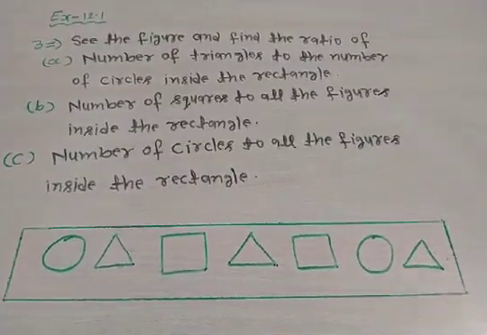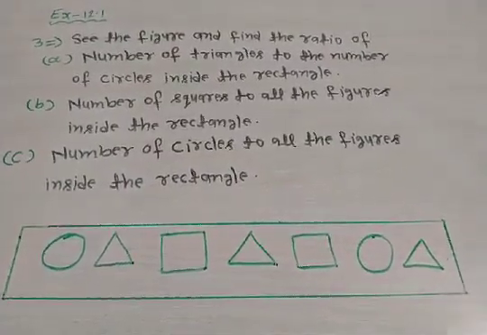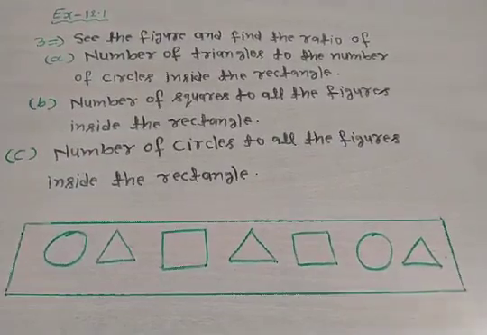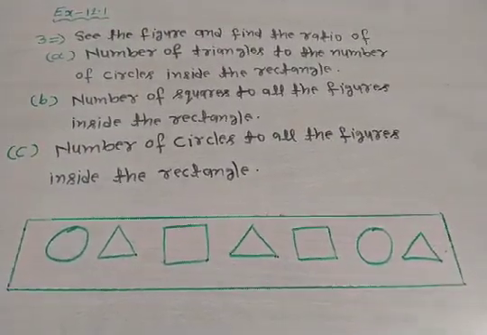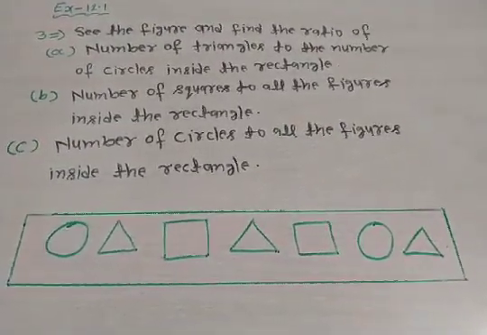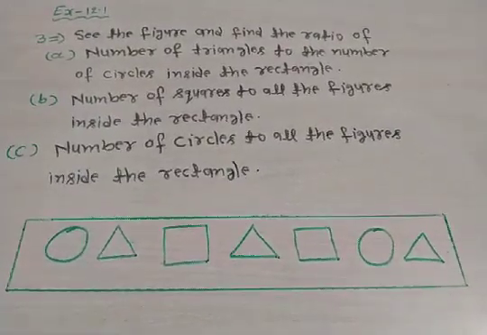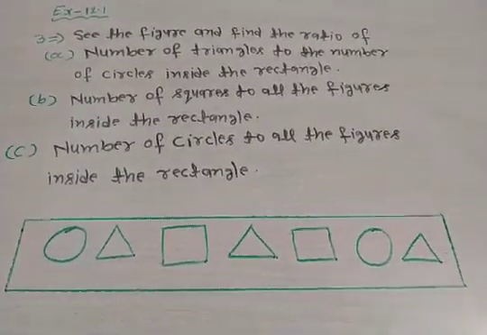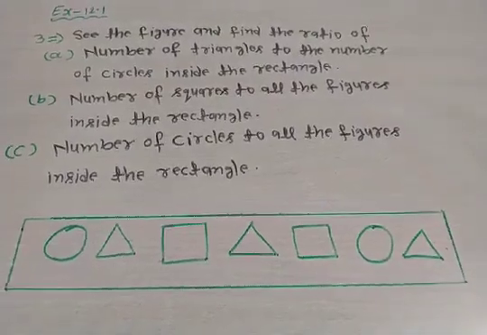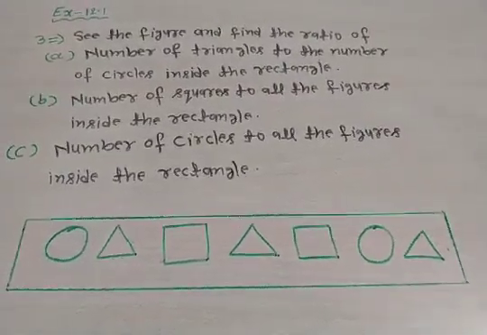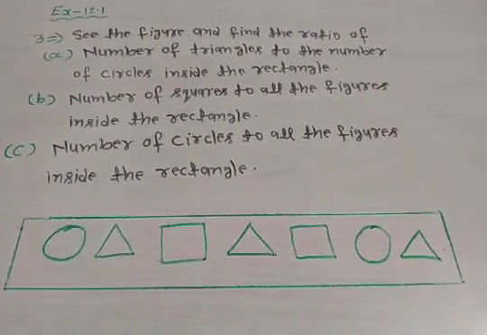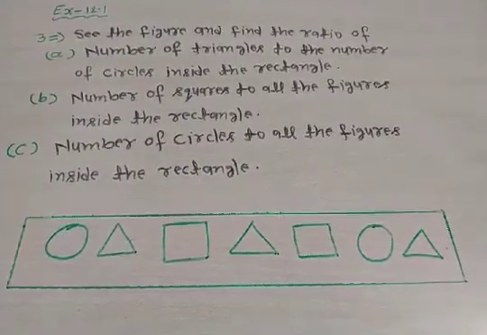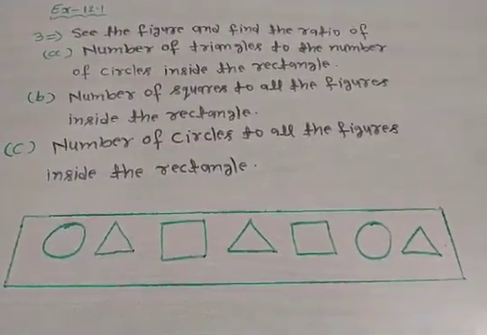C part, number of circles to all figures. So how many figures are inside the rectangle? You can count it: 1, 2, 3, 4, 5, 6 and 7. These are all the figures. Two are circles, two are squares and 3 are triangles.